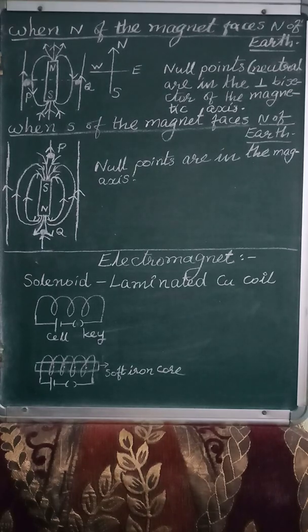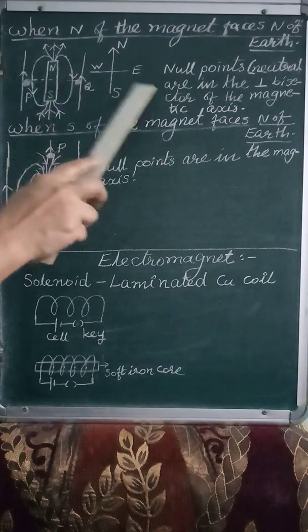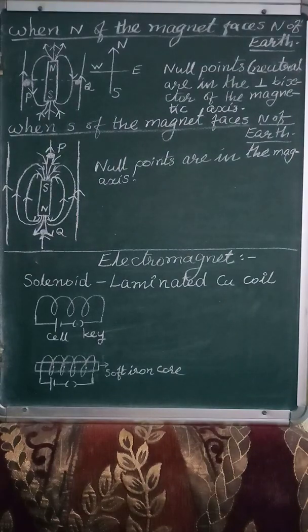I repeat this point again. Little tough concept. Near to the bar magnet, its field will be strong. But far away from the bar magnet, the field of the earth will be strong. The bar magnet will be weak. And further we go away, then there will be no field of the bar magnet.